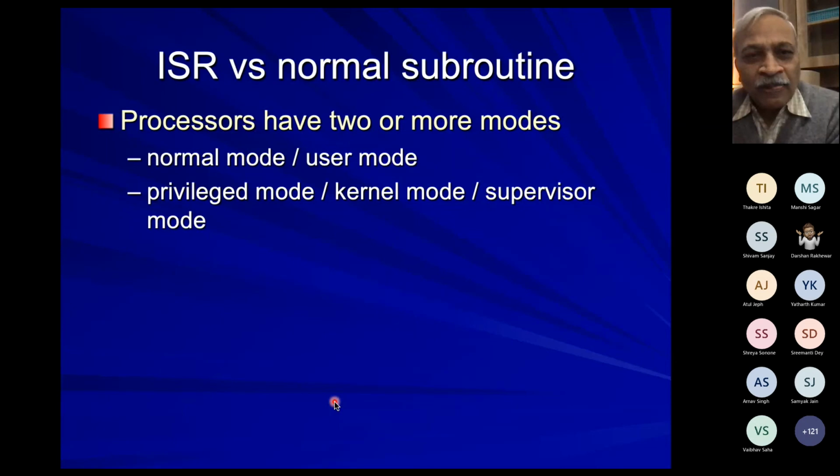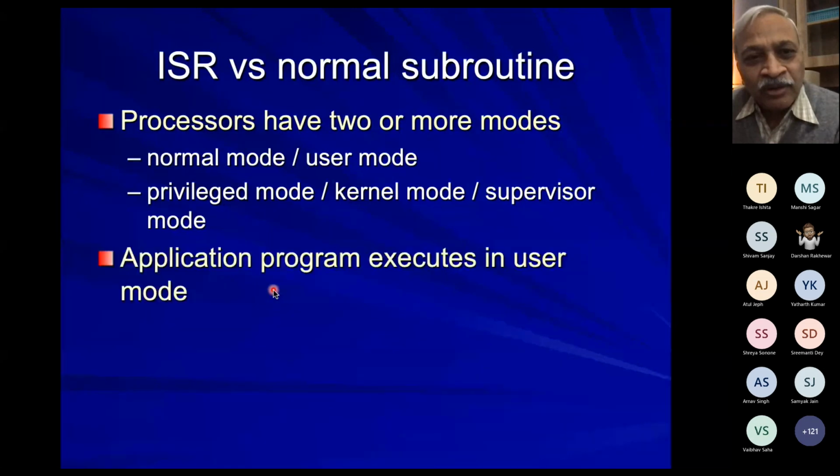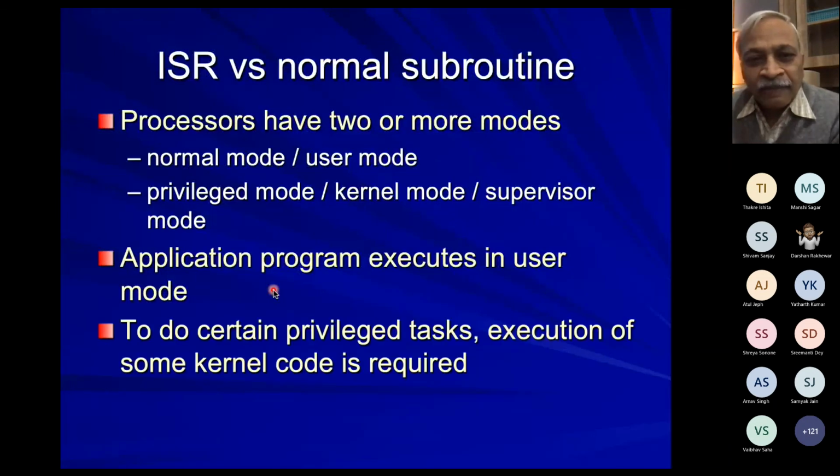The simplest case is that you have a normal mode or user mode, and a privilege mode, or kernel mode, or supervisor mode. There are some things which can only be done in privilege mode, not in normal mode. So the application program executes in user mode. To do certain privileged tasks, execution of some kernel code is required, and that code is invoked through a software interrupt.